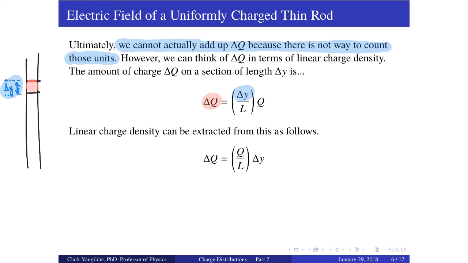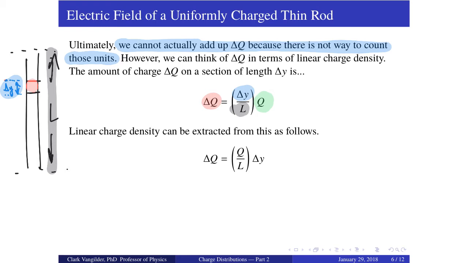And then the length of the rod would just be some length L for the rod. So what fraction of delta Q relative to the whole length? Because I know the total charge on the rod. That's something I can actually get. I can actually get total charge on the rod, but in order to get what the little chunk is, I need the linear charge density.